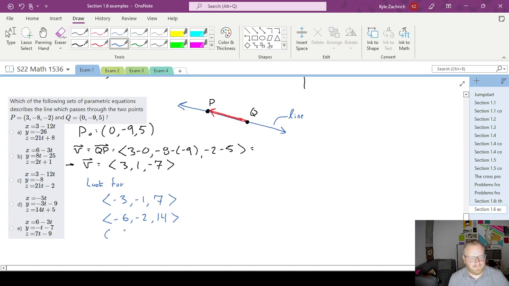We are looking for, let's say, 9, 3, negative 21, etc. Right? Any scalars of this direction vector, because they could describe the line. We didn't have to use this exact direction vector. We could have used this one back here. Okay, so let's take a look.